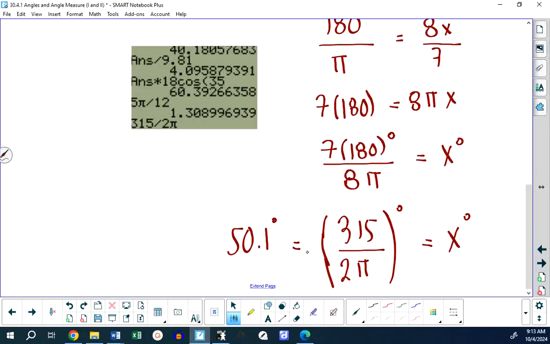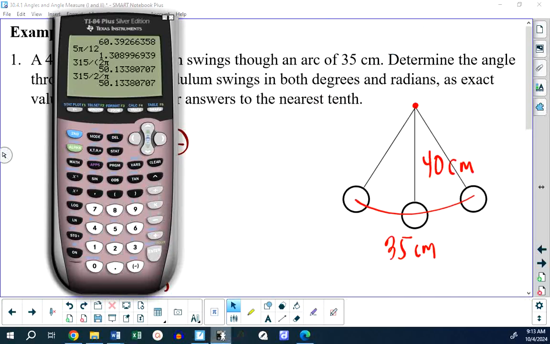Now, I want to go back to this question where we had 0.875 radians. We can convert radians to degrees on your calculator just by following a set of steps. The first thing to note is you need to be in the mode that you want to convert to. So by putting it in degree mode, the calculator recognizes every number as being degrees.